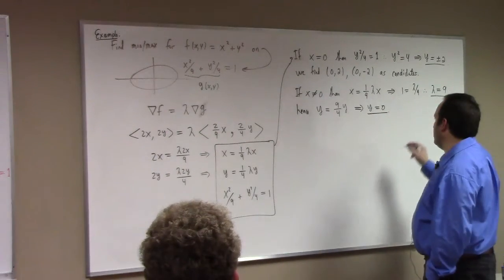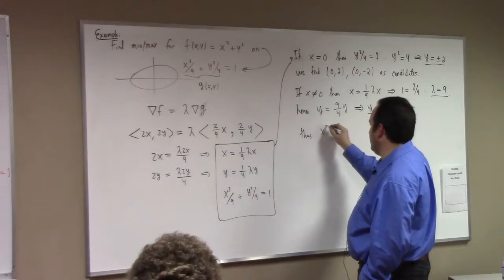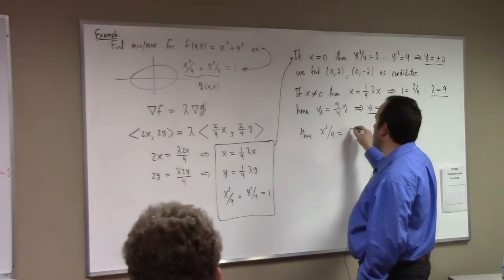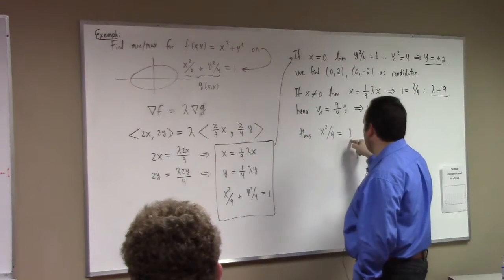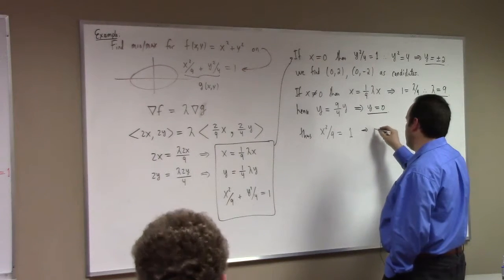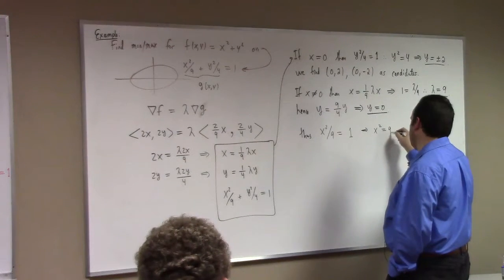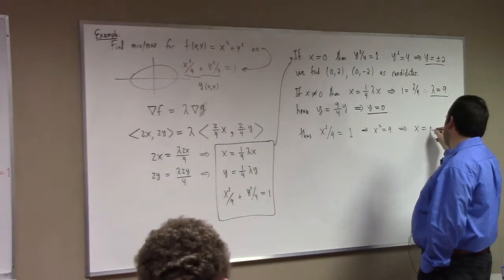What does x have to be? x squared over 9 is equal to 1, which implies that x squared is equal to 9, which tells us that x is equal to plus or minus 3.